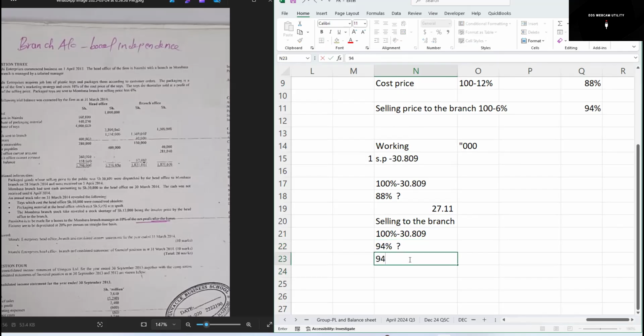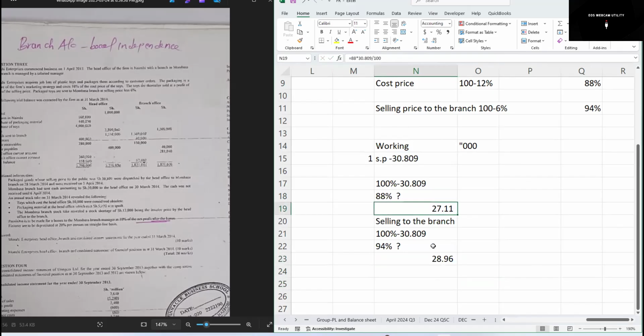So I will take 94 multiplied by 30.809, divided by 100. So this is our selling price at the branch.